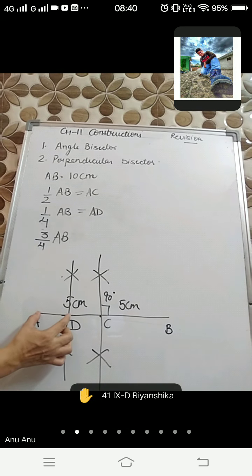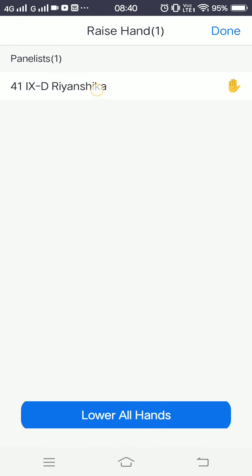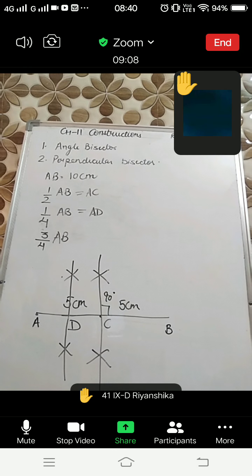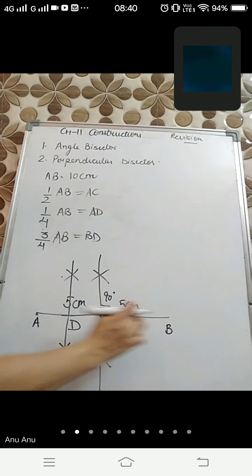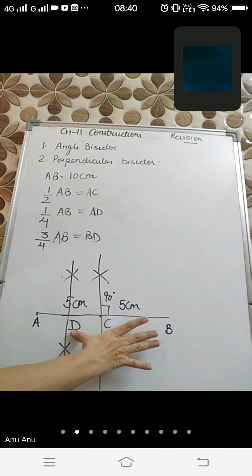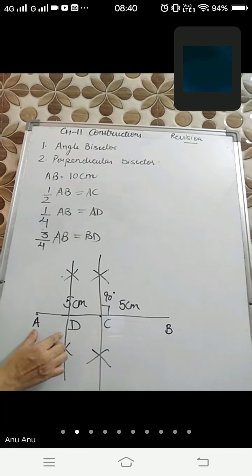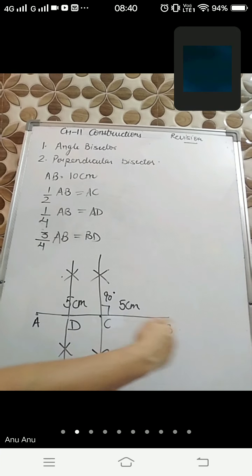As you can see this part is... Yes, good. So BD, as you can see that this line is the complete AB. This part is 1/4, so the remaining part will be 3/4, because 1/4 plus 3/4 will give you 1, and that will be your complete line AB.